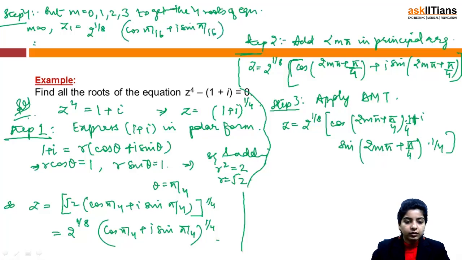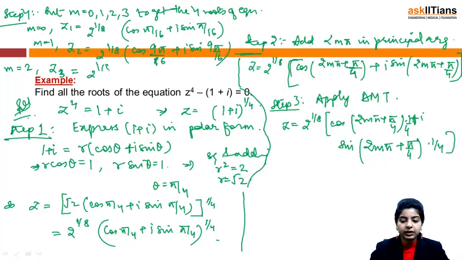For m equal to 1, z2 will become 2 raised to the power 1/8 cos 9π/16 plus iota sine 9π/16. Next, m equal to 2, z3 will be 2 raised to the power 1/8 cos 17π/16 plus iota sine 17π/16.